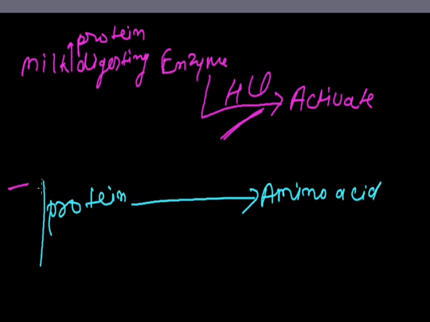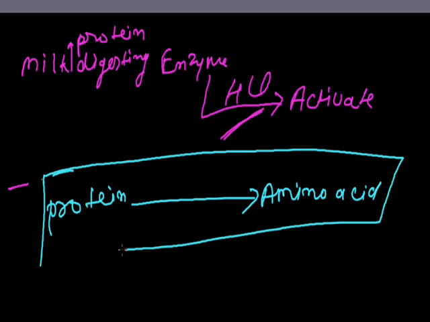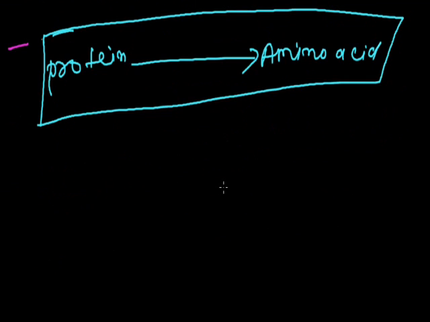This is the digestion of protein which will start inside the stomach. Protein digestion converts protein into molecules of amino acids, which are the simple form of protein.